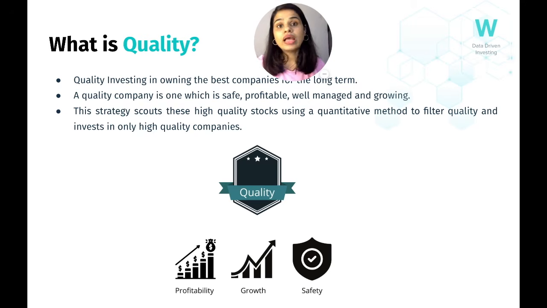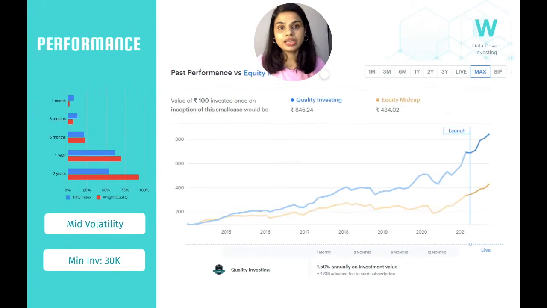So they will do well in the growing market as well as when the markets are in trouble. So picking up high quality companies and investing into them is a very good way to allocate your capital. If you look at the performance of this particular portfolio, you will see that it has a medium volatility, and it performs better than the Nifty index.